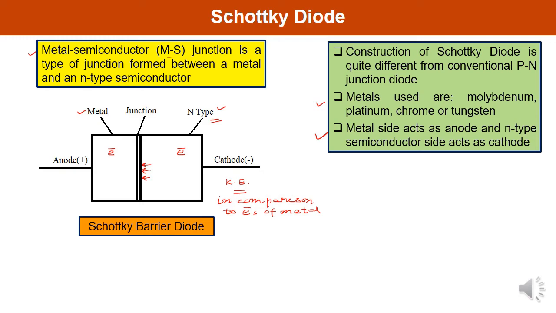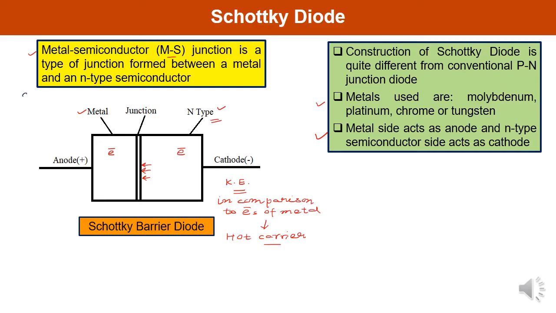So they are commonly known as hot carriers. Hot carrier, you must remember it. It means in Schottky diode, the current conduction is entirely because of the majority carriers. You must note down this point as well.